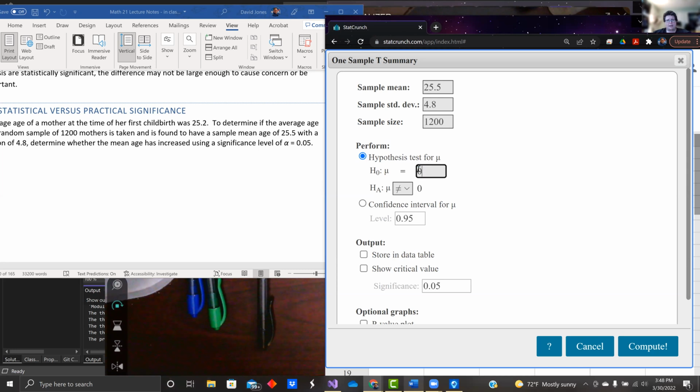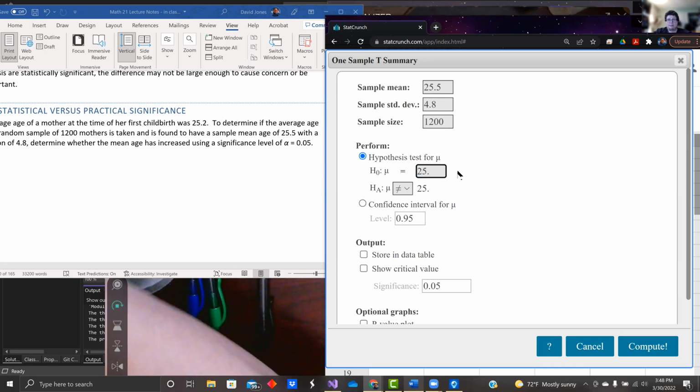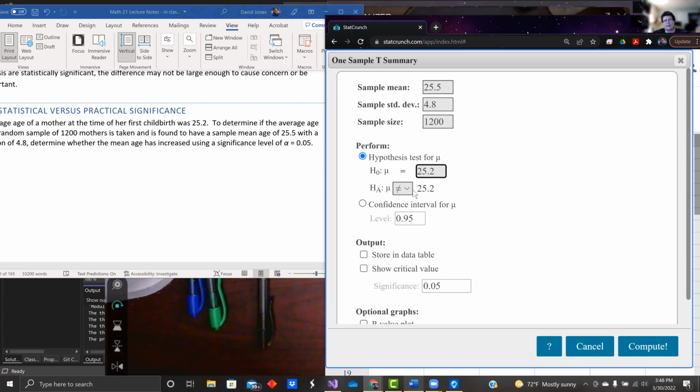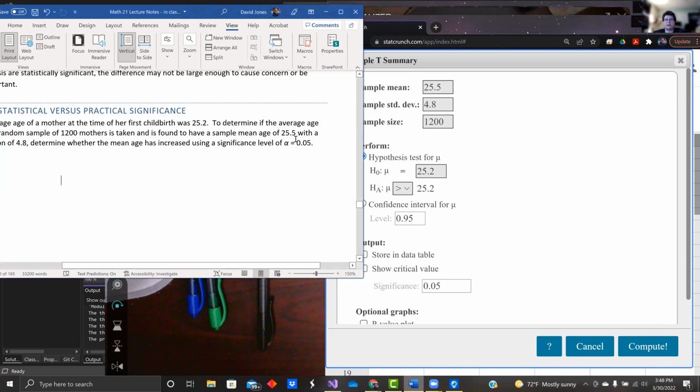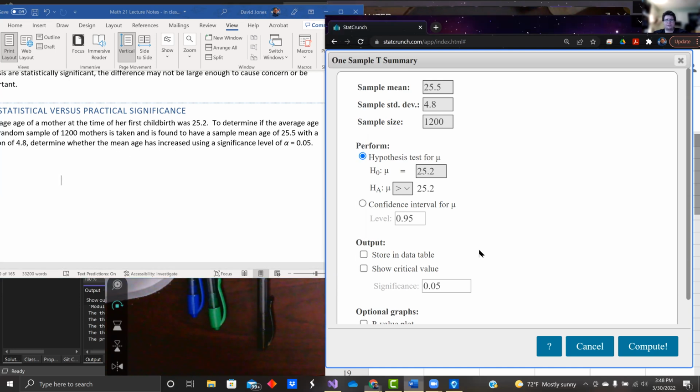And we want to compare that with 25.2. And we're going to say increased. Okay, so 25.2 is here, 25.5, 4.8, and 1,200 was from the words.